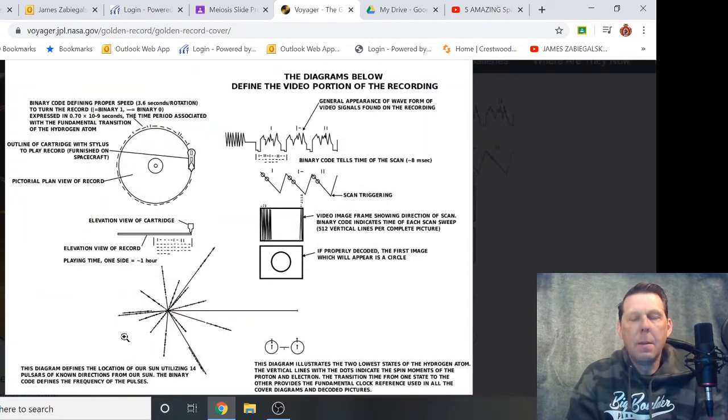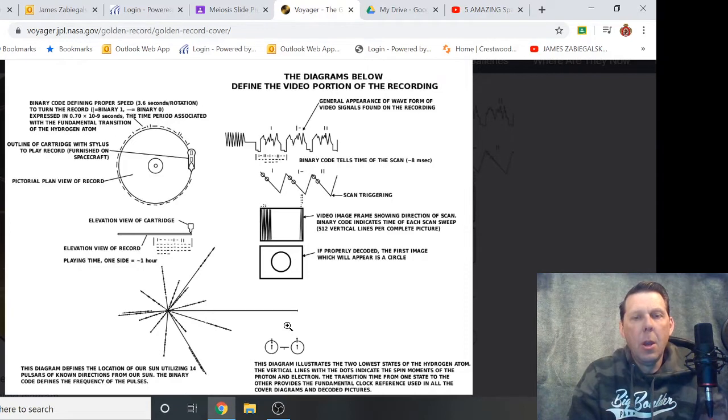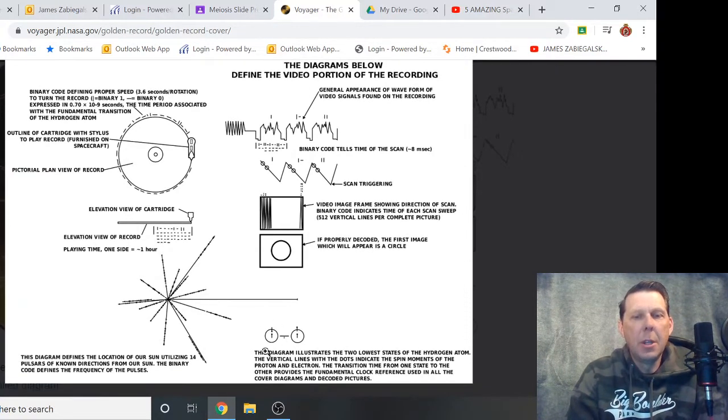In case you don't remember, real quick here, this is two hydrogen atoms. Usually the one electron spins around the outside, but every now and then it spins the opposite direction. And that time that it takes is the base unit for the time on here. And this distance is the base unit. So that's just what that symbol is.